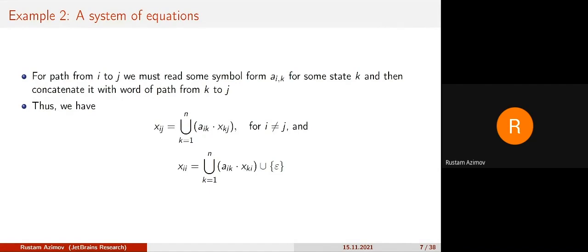We again just split our path into two parts. First is the first arc of this path and the rest of the path. And here we use the concatenation operation over the sets of words and the union of the sets.